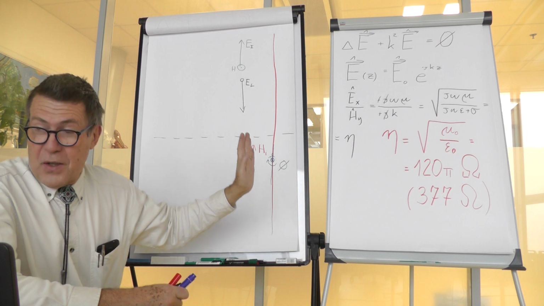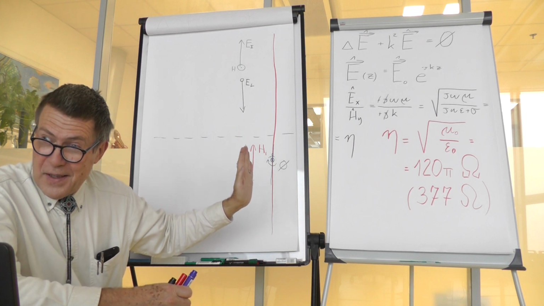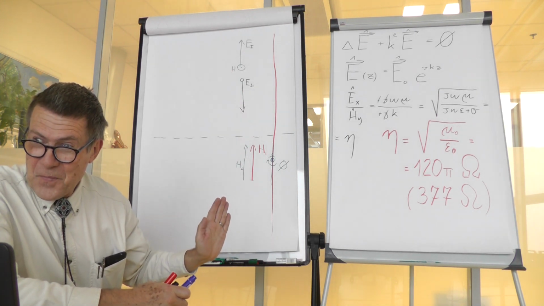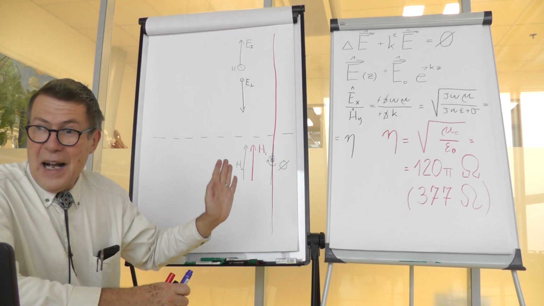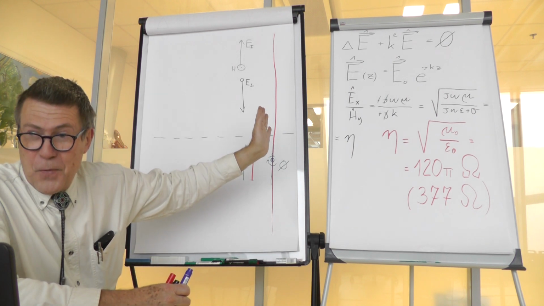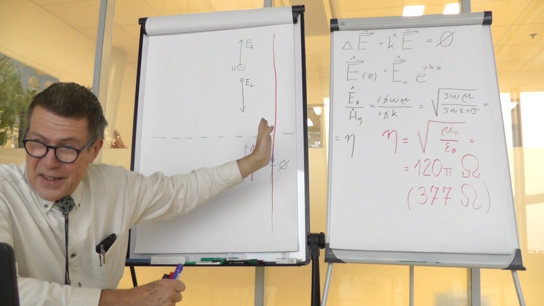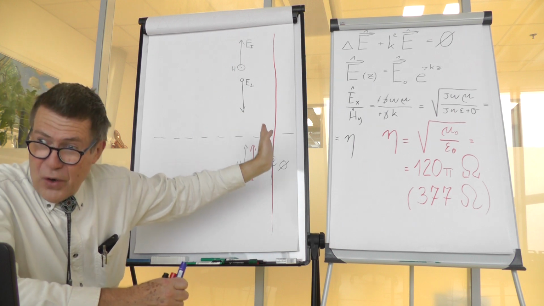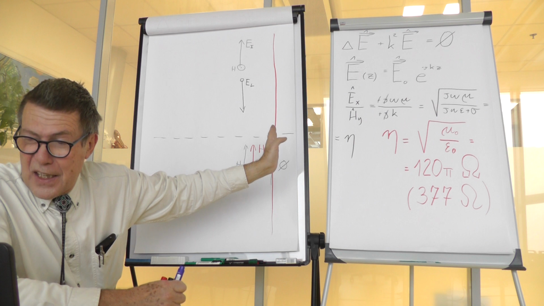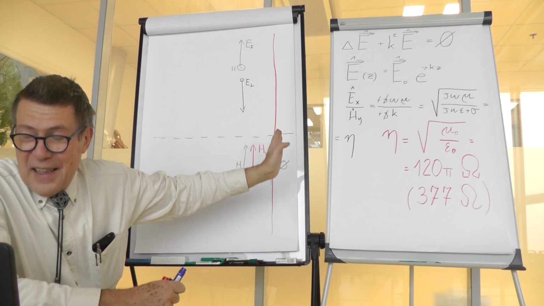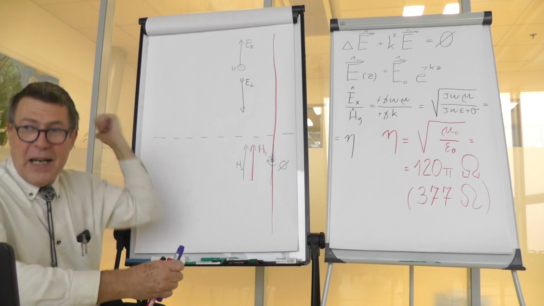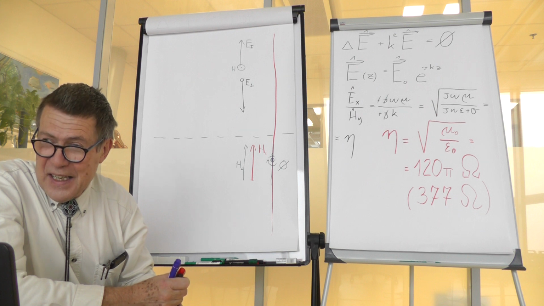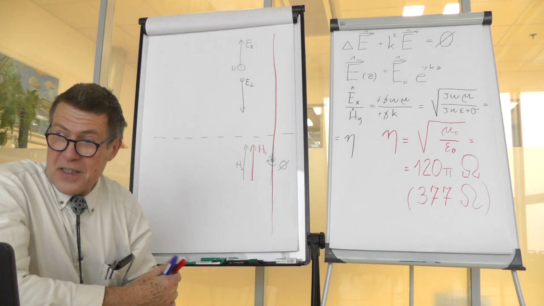And as they moved, there was a current, because a current is a movement of charges. So the current created a magnetic field, and as the charges moved freely, they moved in such a quantity and speed that they completely zeroed the electric field inside the conductor, which resulted in an electromagnetic wave reflecting back, which had the same sign for magnetic field intensity, but the opposite sign for the electric field strength.